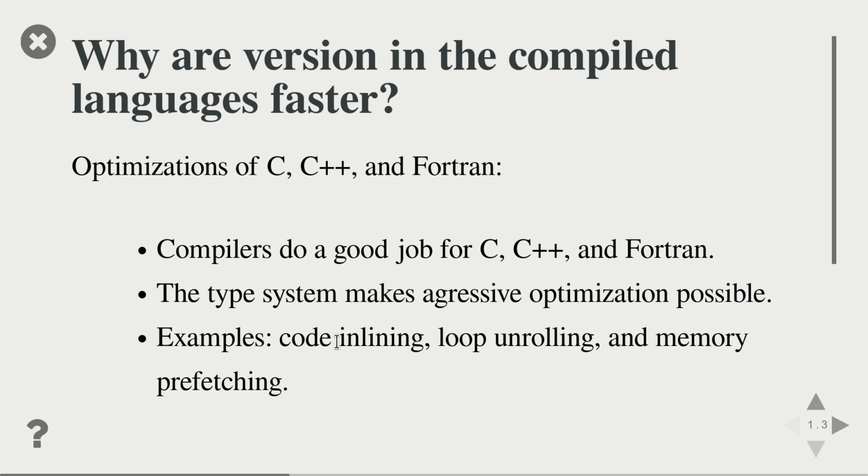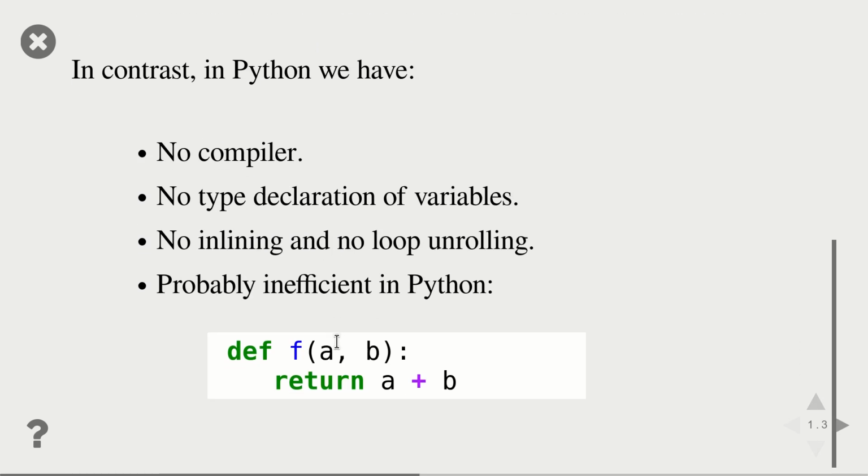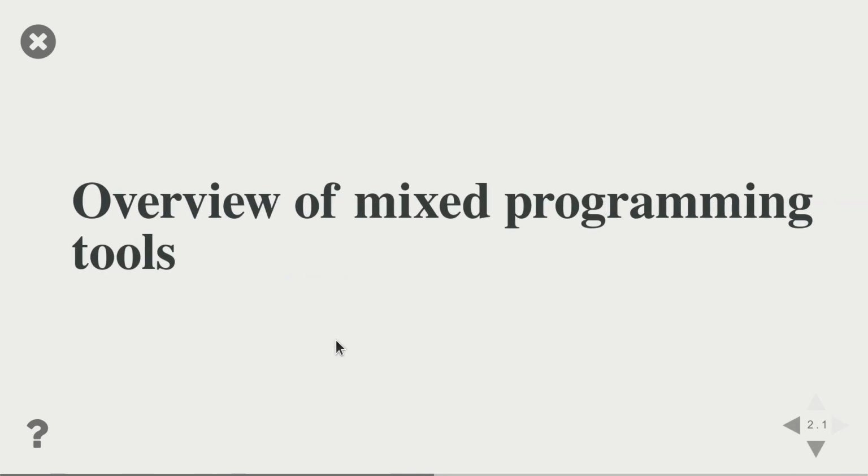All these little things that C and C++ do to get your code faster, of course in Python you can't do that. So the overall idea now is: can we mix C and C++ and Python to get the benefits of both worlds?